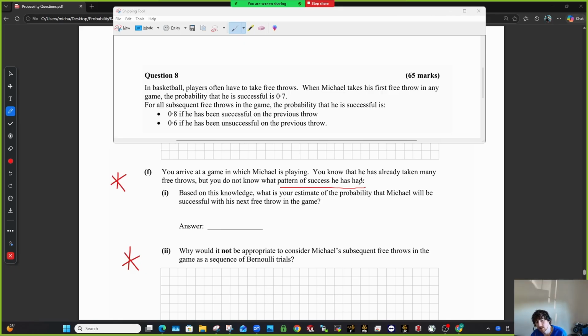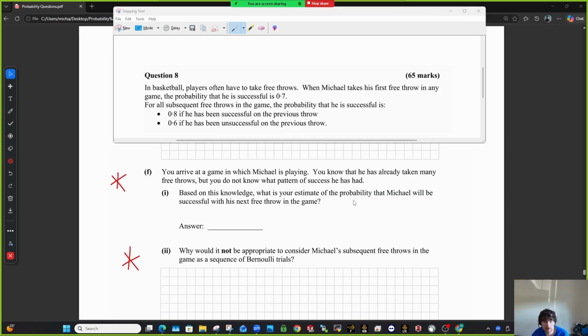Realistically, Michael's chance of scoring every single time is either 80% or 60%, and which one depends on knowing what he'd done just before. If we don't know what he'd done just before, as in we arrive at the game, our best guess was the 0.75 based on what we worked out before.